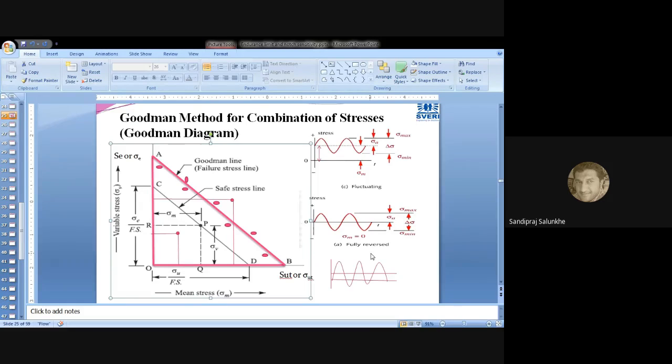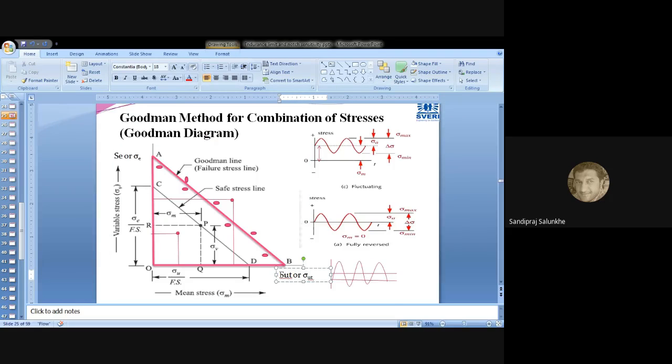So what exactly he has done, he has taken this SUT, that is the ultimate tensile strength, he has considered. Whereas this ultimate tensile strength is applicable for the brittle material as well as it is a property of ductile material also. But in his diagram, he has not mentioned anywhere the property of ductile material, that is the yield strength, where the yielding gets started.